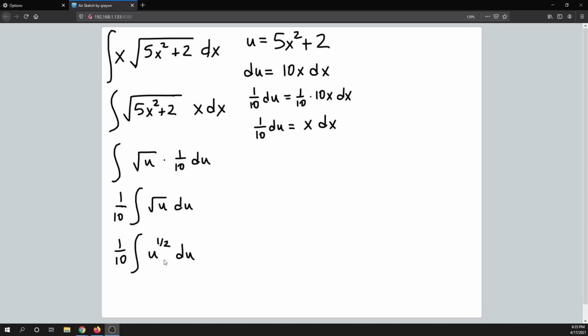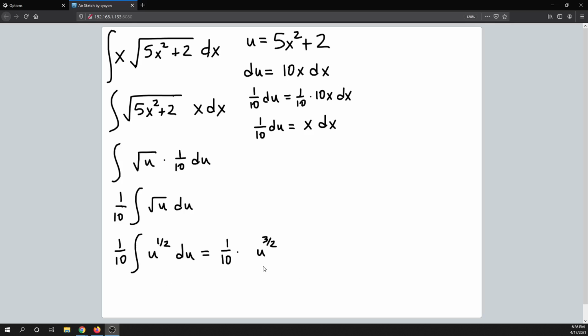And so now I'm ready to use my basic fact, and that is the power rule, because this is a power function, some variable to a number power. And so the power rule says in order to take the antiderivative of that, I'm going to add 1 to the power. So 1/2 plus 1 is 3/2.